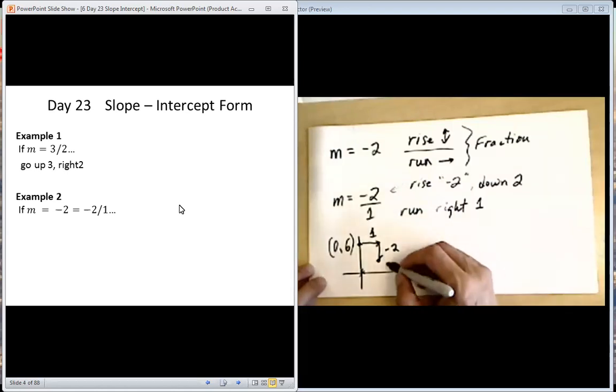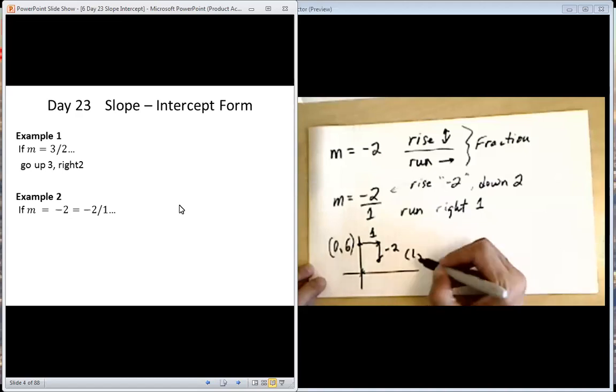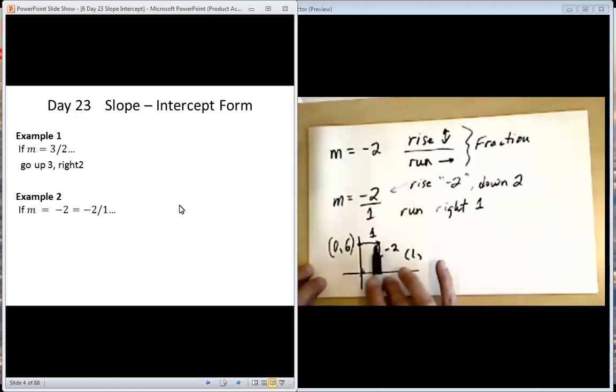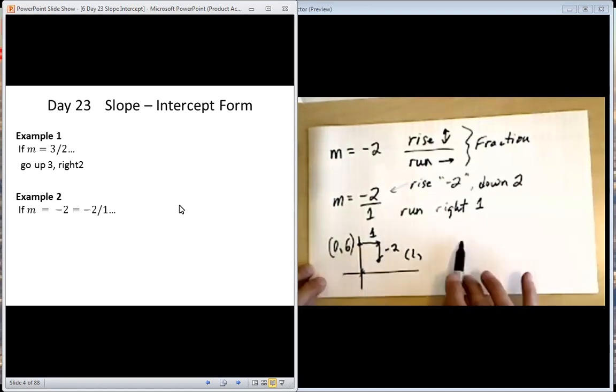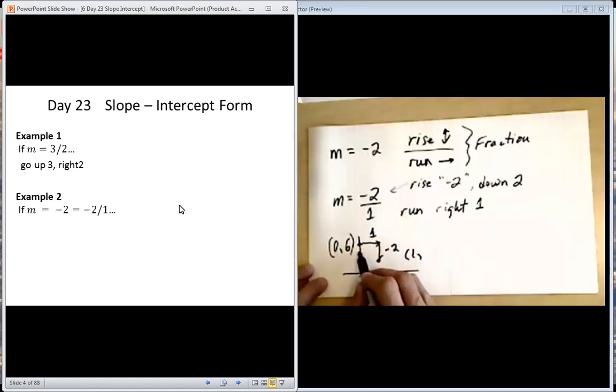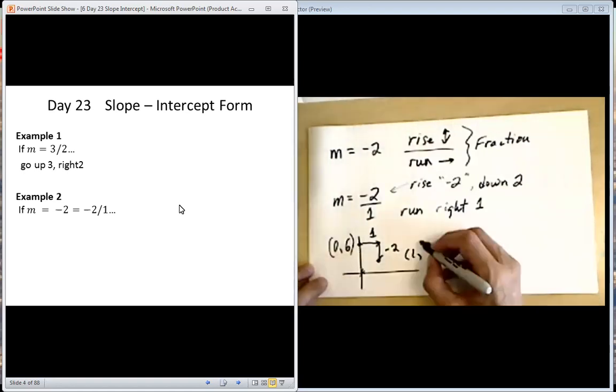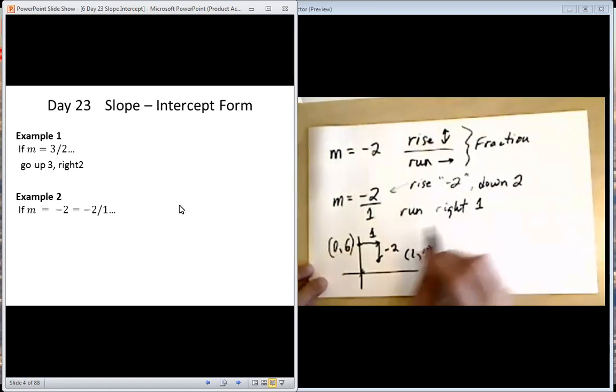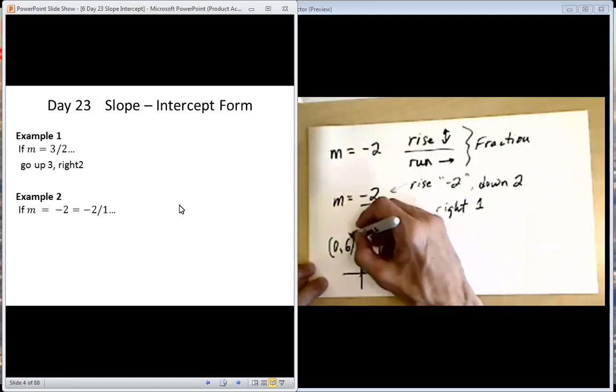And for the y, we started at 6. So all along this level is a height of 6. And then we go down by 2. So where are we going to be at? 4, right on. Thank you. Okay, you can connect the dots and then you got the picture of the line like that.